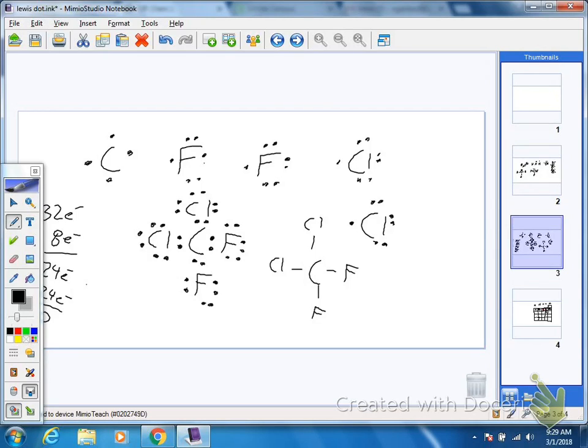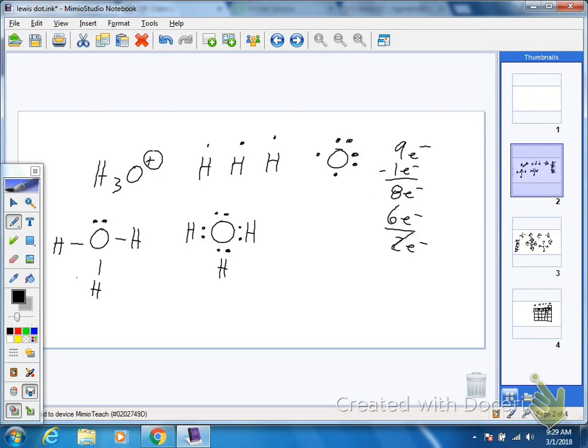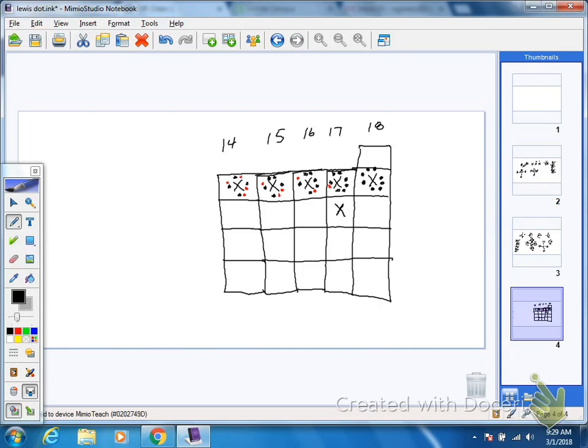It can't have any more than one. If you're doing more than one, that's wrong. Okay? Hydrogen, how many lines can it have? One. So they can have one as well. So this one can only show one line. How about group 16? How many lines can it show? 2.